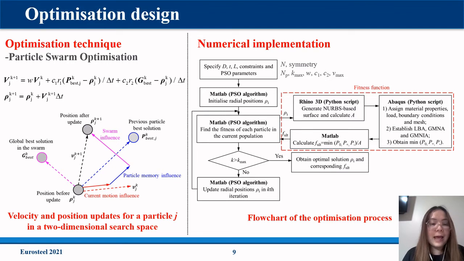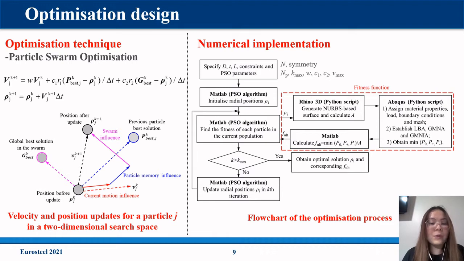We mainly use MATLAB to generate the coordinates of the control points. Use Rhino to read these coordinates and create a perfect shell shape. Then the shape was imported into Abaqus and we implement LBA, GMNI, and GMNIA.